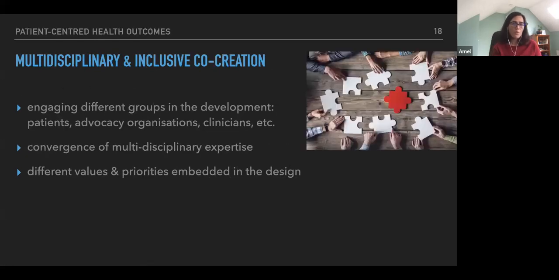So again, having an approach be multidisciplinary and inclusive as much as we can to encourage co-creation in which all stakeholders are involved in the process, including clinicians, advocacy organizations, etc. And bringing to the table a diverse group coming from different perspectives and helping to embed different values and different priorities in the design is definitely key.